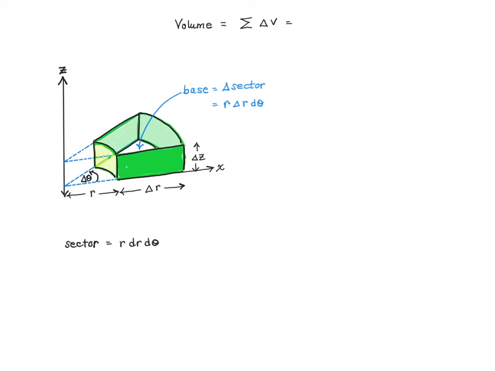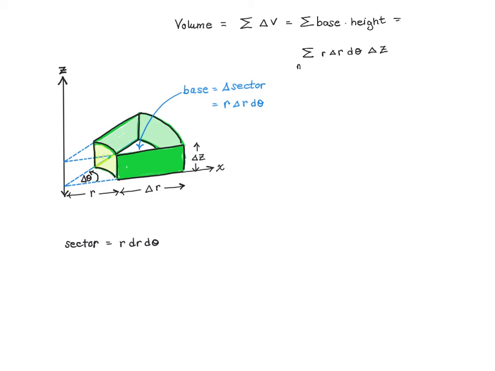So the delta volume is the base times the height. It's the base times the height, which is r delta theta, times the height, which is delta z.